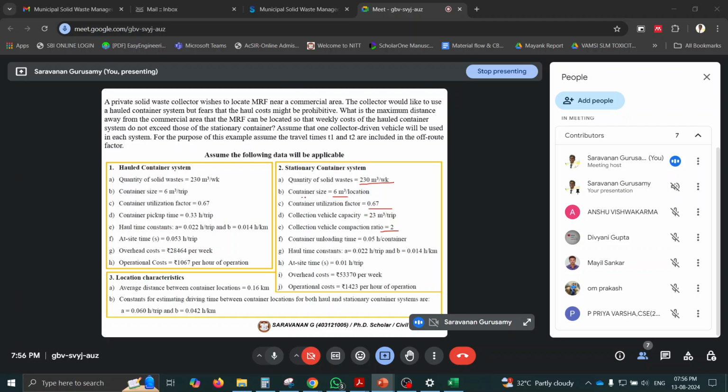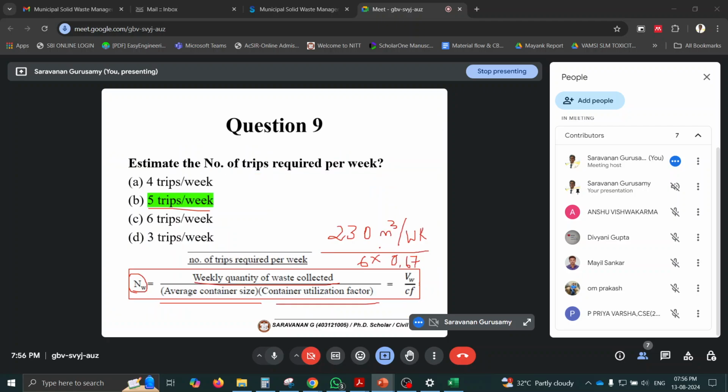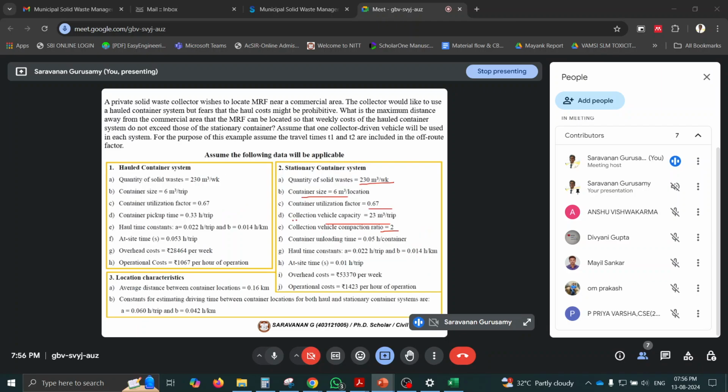It's not a container size, it's a vehicle size, 23. 23 into 2. Simply 10 by 2, 5. Average container size and container utilization factor. So be clear with your things. This is container size and the container utilization factor. This is collection vehicle size and vehicle compaction ratio.